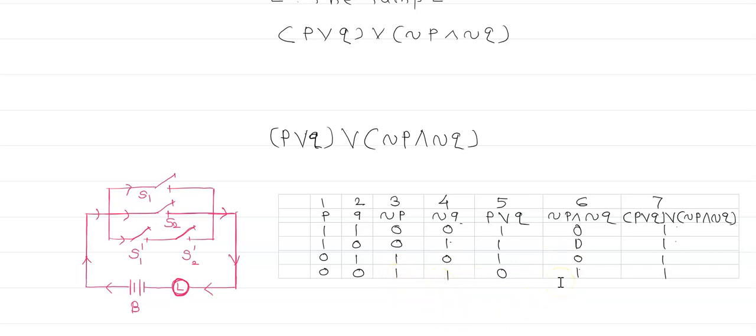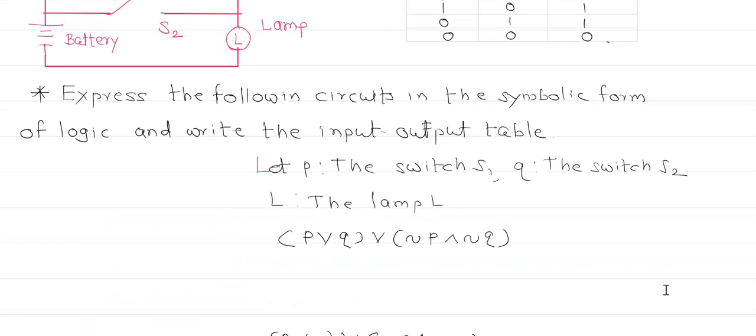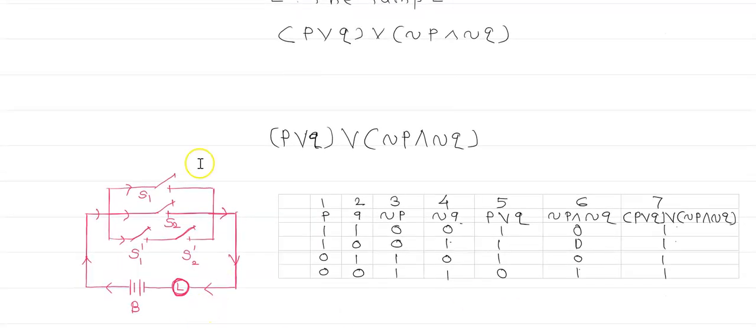And lastly, we form the disjunction between columns 5 and 6: 1, 0 is 1, 1, 0 is 1, 1, 0 is 1, 0, 1 is 1. Hence, in this way, we can construct the truth table. Also, we construct the circuit diagram by using the given statement pattern.